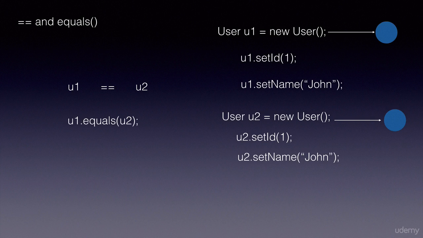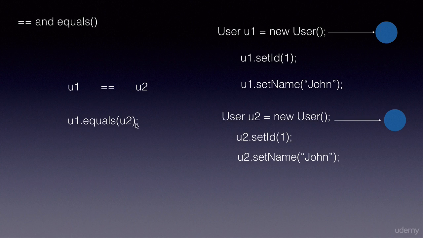Now if you use the equals method, u1.equals(u2), the equals method is available for every Java class from the object class. Every class implicitly extends the object class, and this equals method is derived or inherited from the object class. The default implementation of the equals method uses the double equals operator.